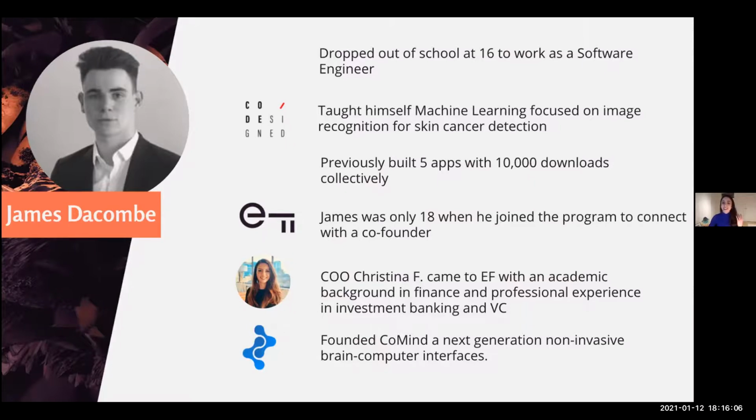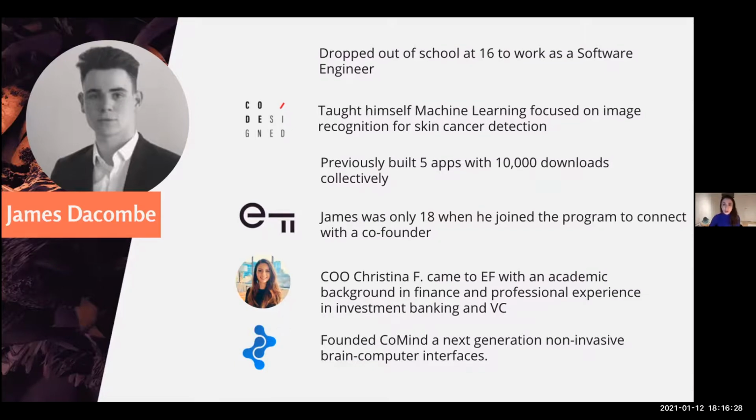So James joined EF because he wanted to build something, which is what he excelled at. He had previously built 5 apps. One of them was a homework app for his high school with a collective 10,000 downloads. A main reason for him joining EF, though, was the opportunity to meet his co-founder. And thankfully he did.